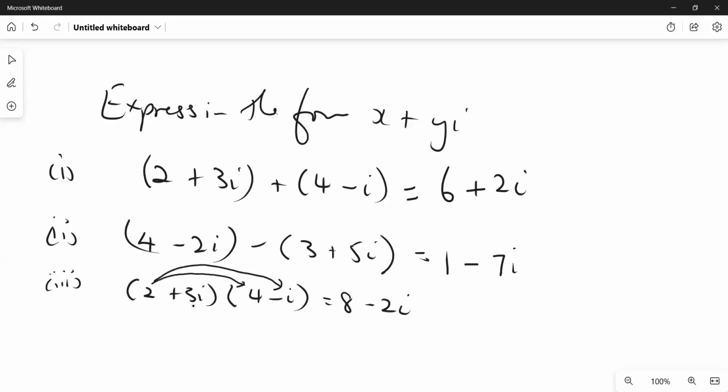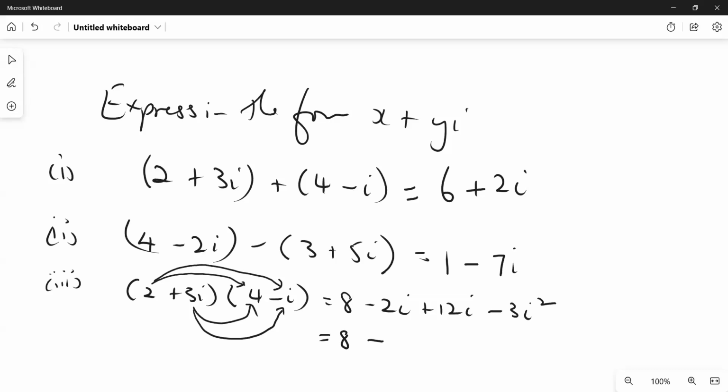And you go with 3i times 4, well, you get 12i. 3i by minus i, you get minus 3i squared, right? And this can simplify to be what?